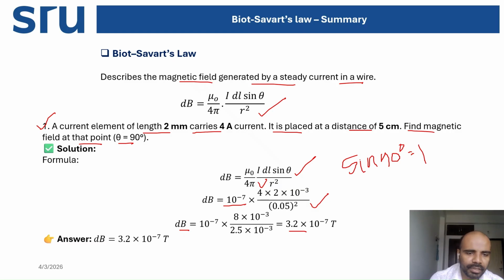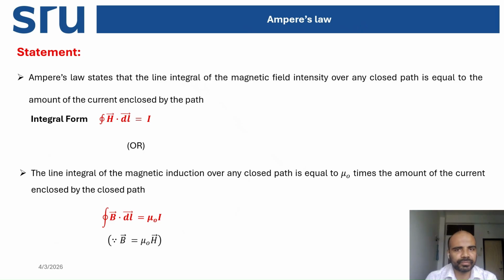So we have calculated the magnetic field at the field point, which is equal to 3.2 into 10 to the minus 7 Tesla. Hope you understand the solution of this problem. Now moving to the next slide.